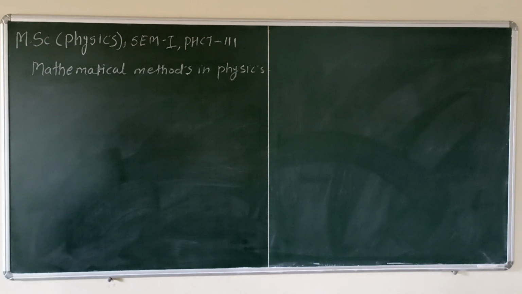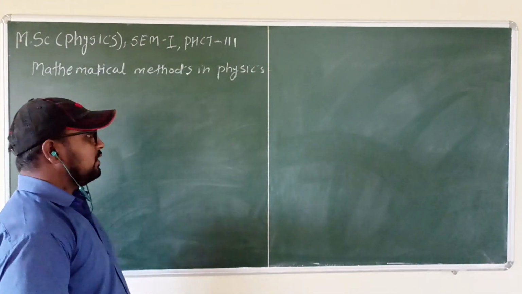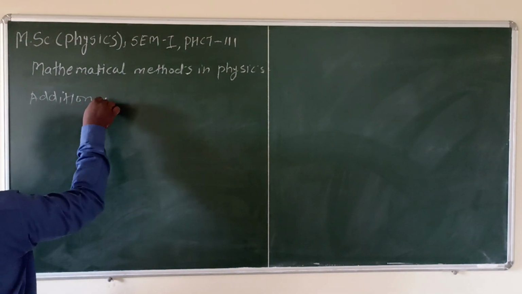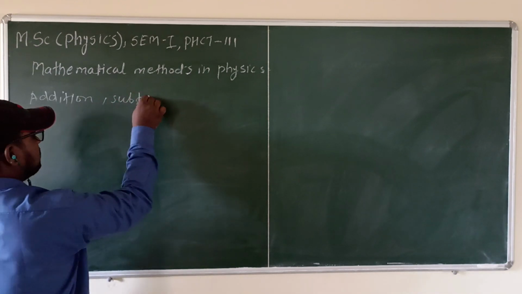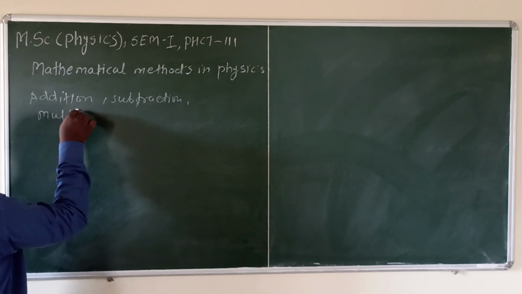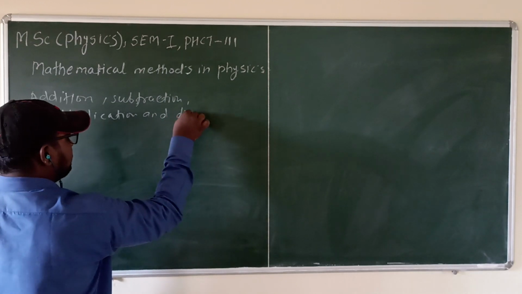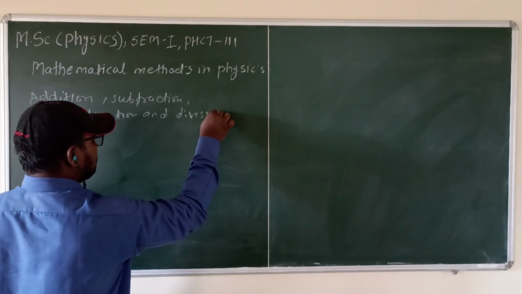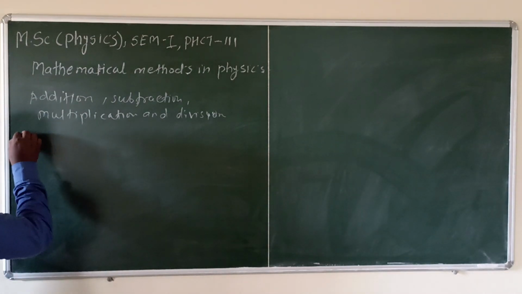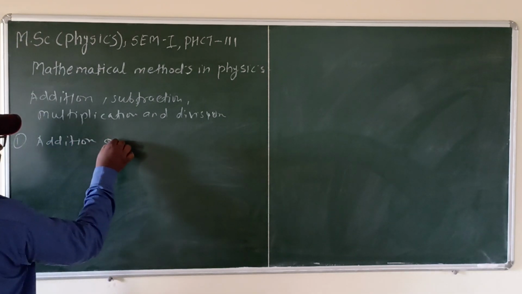When there is an invention of new numbers, we perform some basic operations like addition, subtraction, multiplication, and division. So let's start with the first point, the addition of complex numbers.